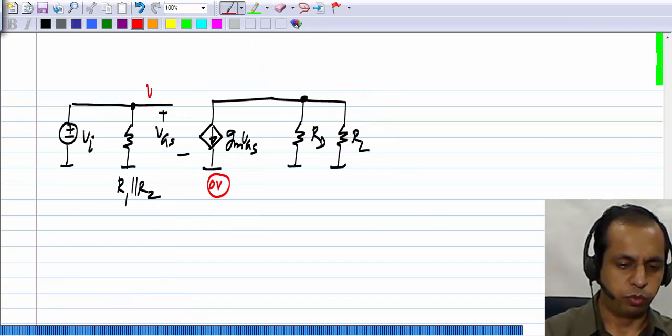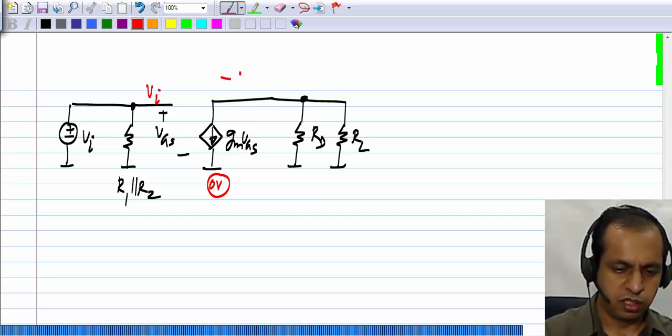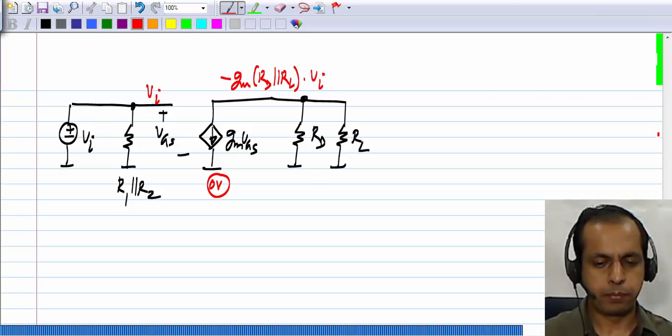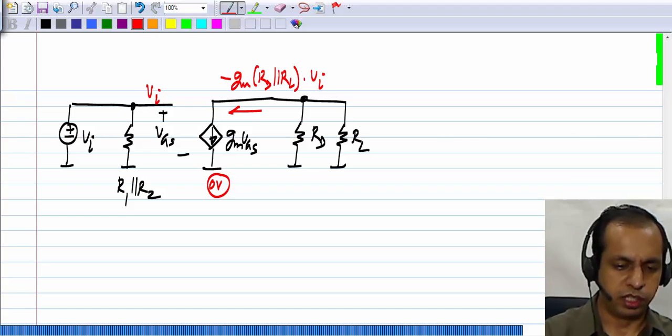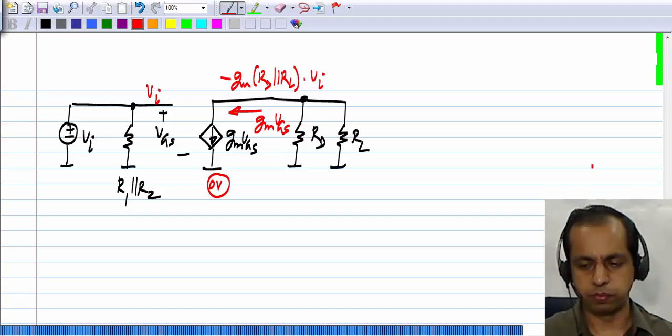The incremental gate voltage is Vi, and the incremental drain voltage is minus Gm Rd parallel RL times Vi. And of course, the incremental drain current ID is nothing but Gm times VGS.